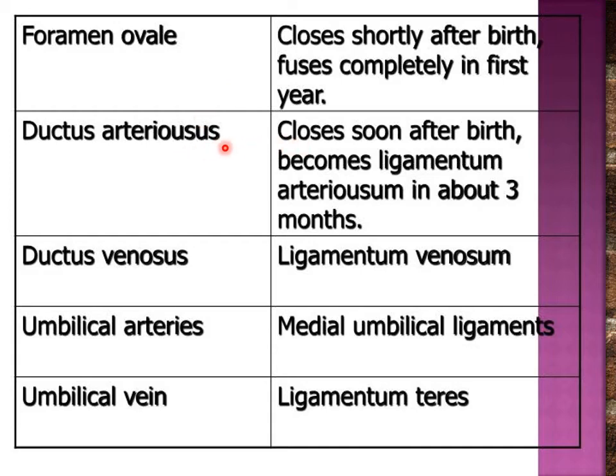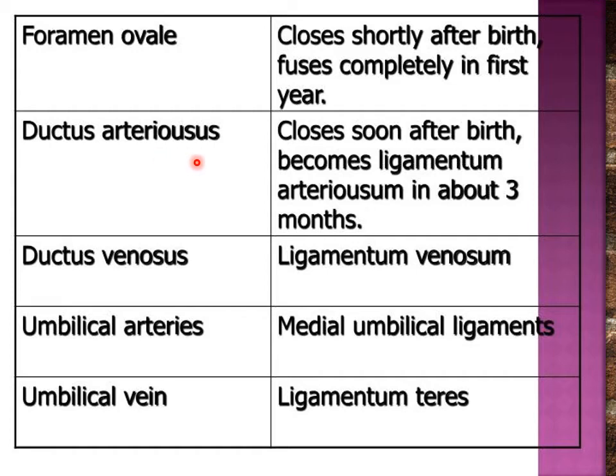Then there is the ductus arteriosus, which closes soon after birth, and this is because of the contraction of the muscles present in its wall. So the muscular wall is contracted, and this is also mediated by the release of bradykinin from the lungs. When the lungs start functioning, there is release of bradykinin.